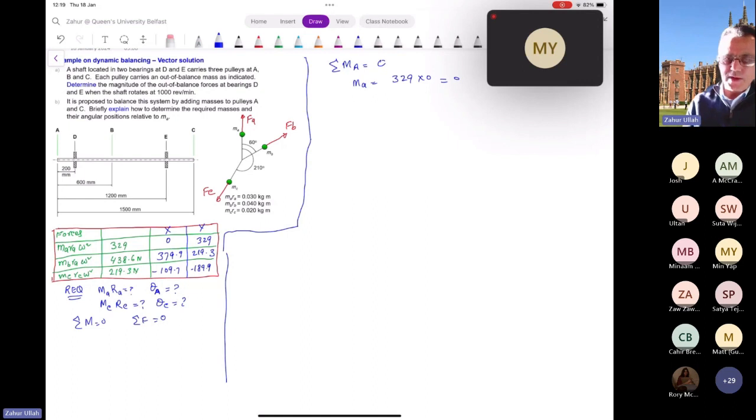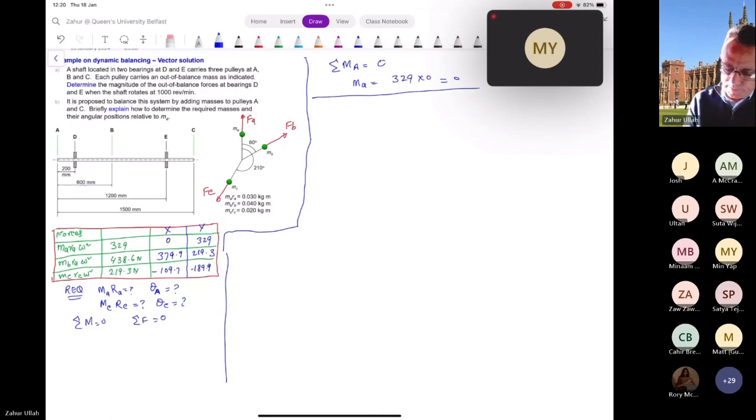So you don't need to worry about this one. Now for the second one, which is this FB, you will need to multiply with the distance, which is this distance here. So you need to multiply with the 600.